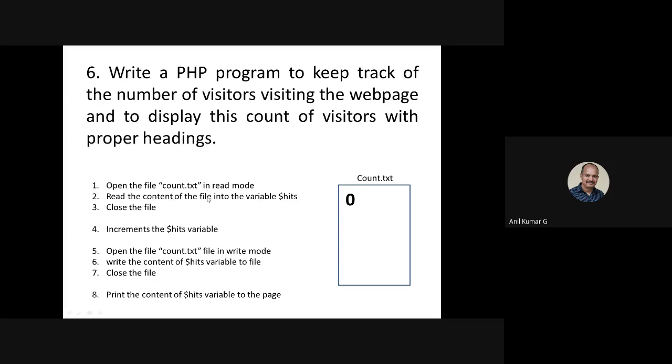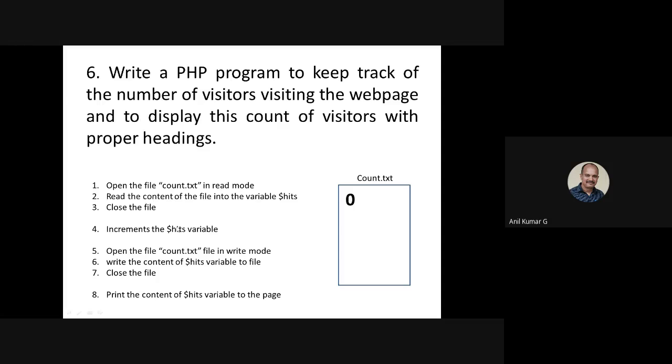Then we read the content of the file. Initially we can input the content as 0, and we read the content of the file after opening the file, and we store that value, the content of the file, to the variable called hits. Then we'll close the file.